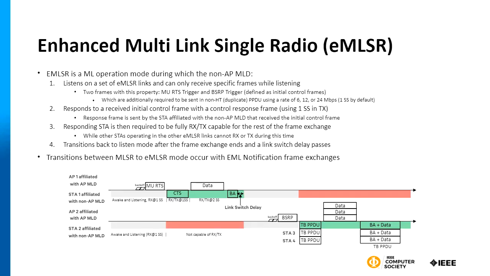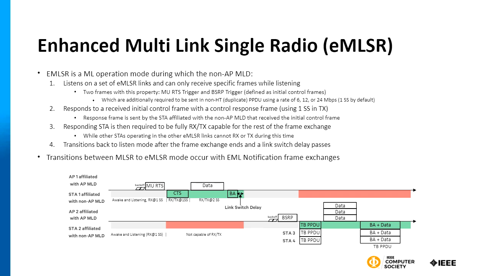Enhanced multi-link single radio has, due to the capability of being able to listen on a set of links at any given time, to simplify and to benefit from the legacy perspective. So we make sure that the MLD that is operating in the eMLSR can receive certain frames when it is in listen mode.